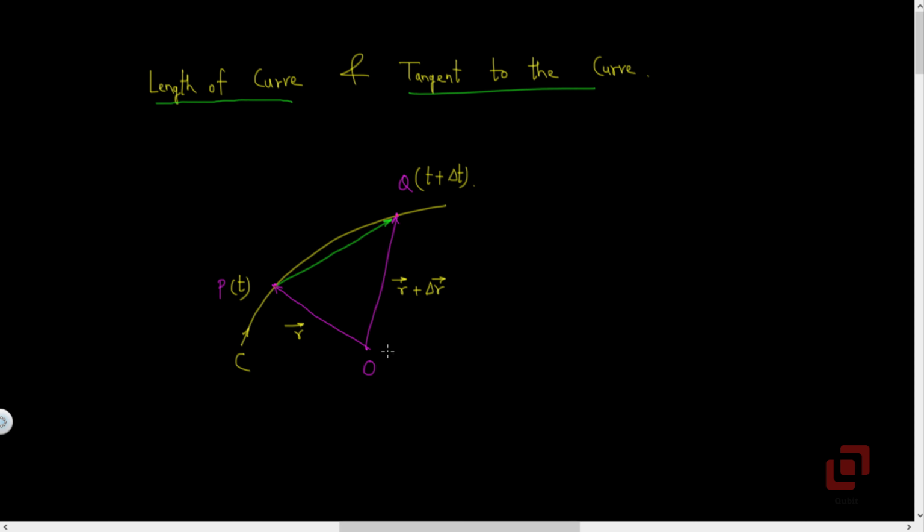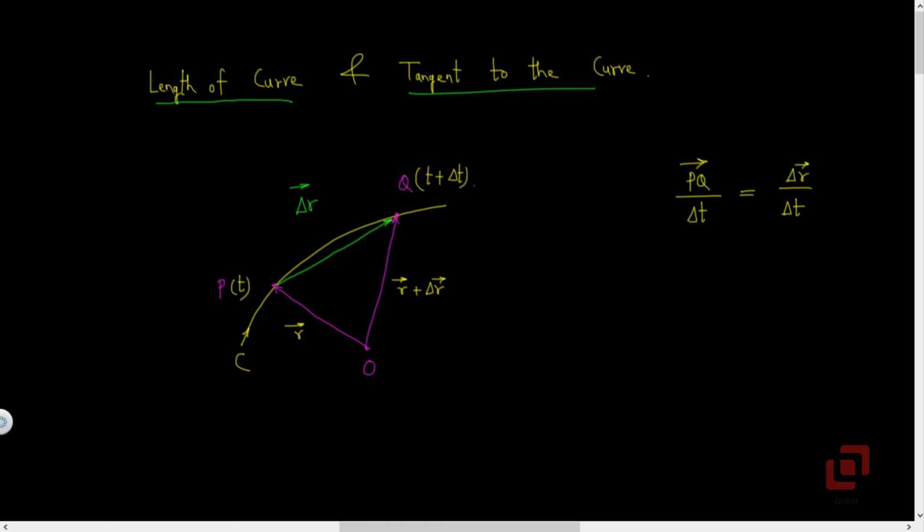O is the origin, so the vector OP bar is r bar and vector OQ bar is r bar plus delta r bar. So the vector PQ bar is delta r bar. The approach that we are following here is similar to what you have already done in 12th standard under the topic application of derivatives to find slope of tangents. We take the vector PQ bar and we multiply it by the scalar 1 upon delta t.